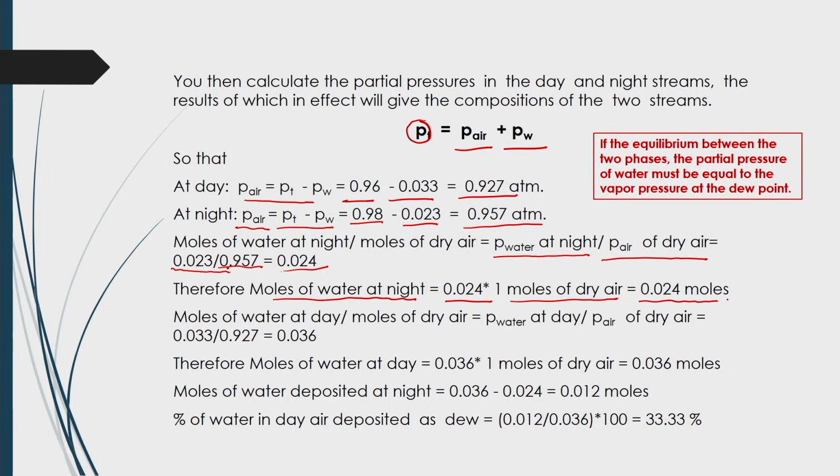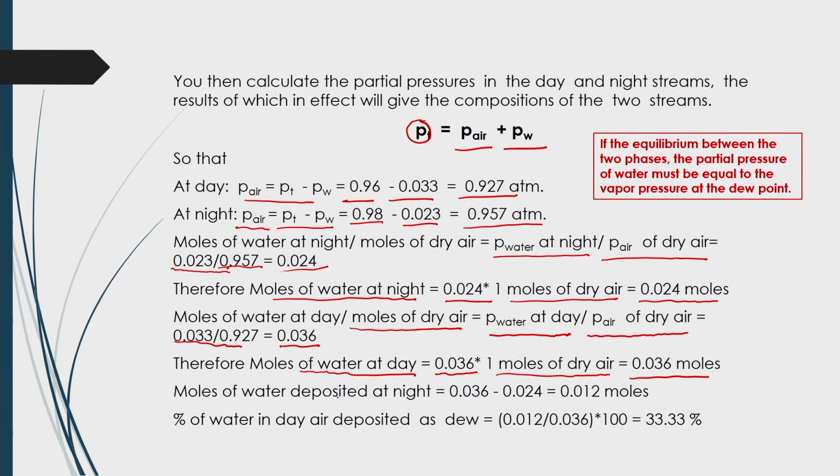And moles of water at day per mole of dry air will be equal to partial pressure of water at day divided by partial pressure of dry air, which comes to 0.036. Therefore, moles of water at day will be 0.036 times 1 mole of dry air, so 0.036 moles.